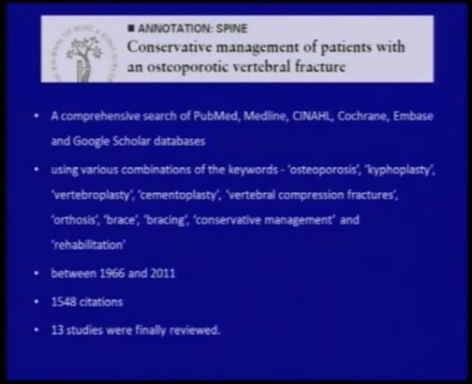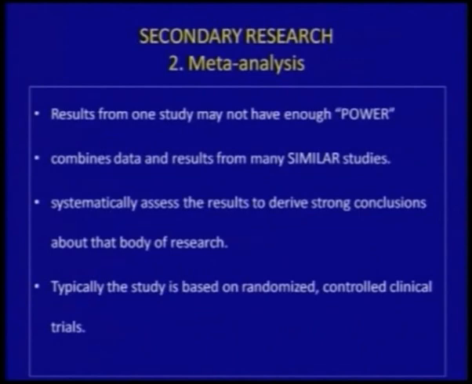From 1966 till 2011, all the published literature relevant to the topic has been retrieved by the researcher. Totally he has read 1,548 citations. Based on the inclusion criteria he has studied, he then selected 13 studies. So it's quite a complex task.